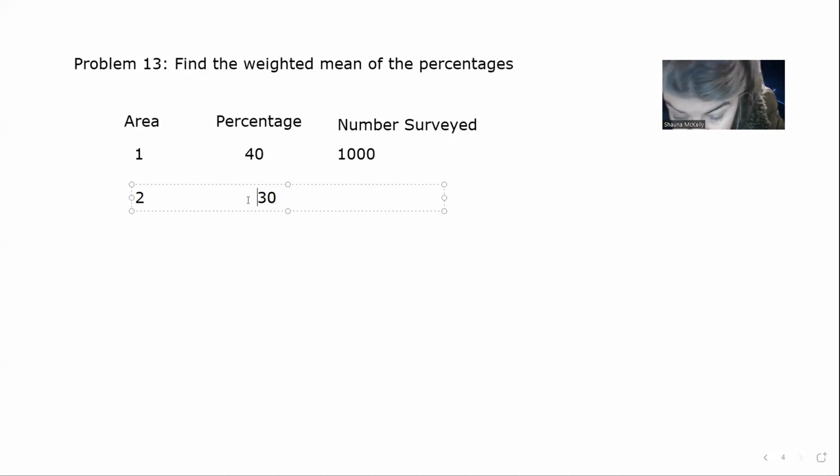This is going to be 3,000 here. And then we have another row, I should say, which is 50, right?